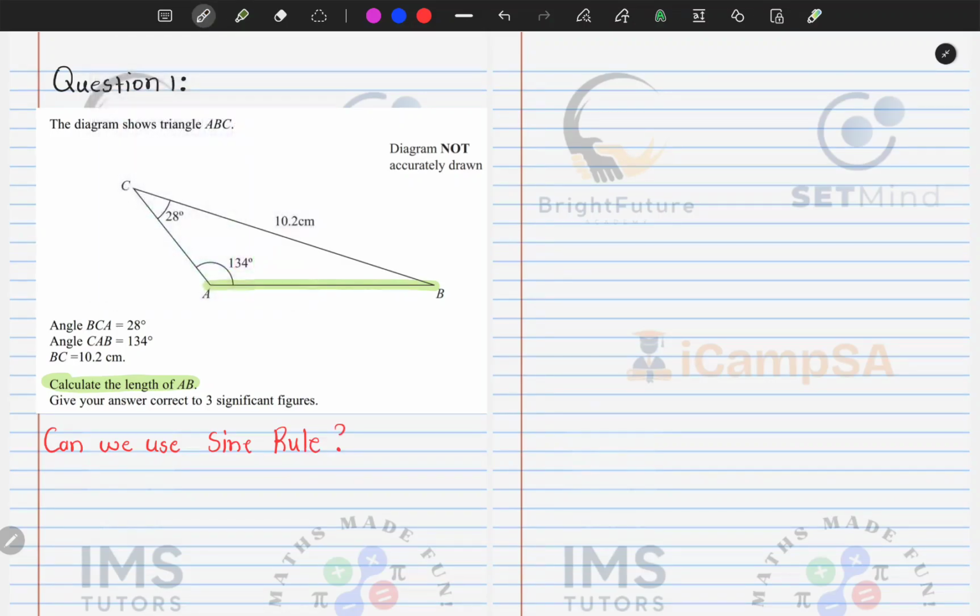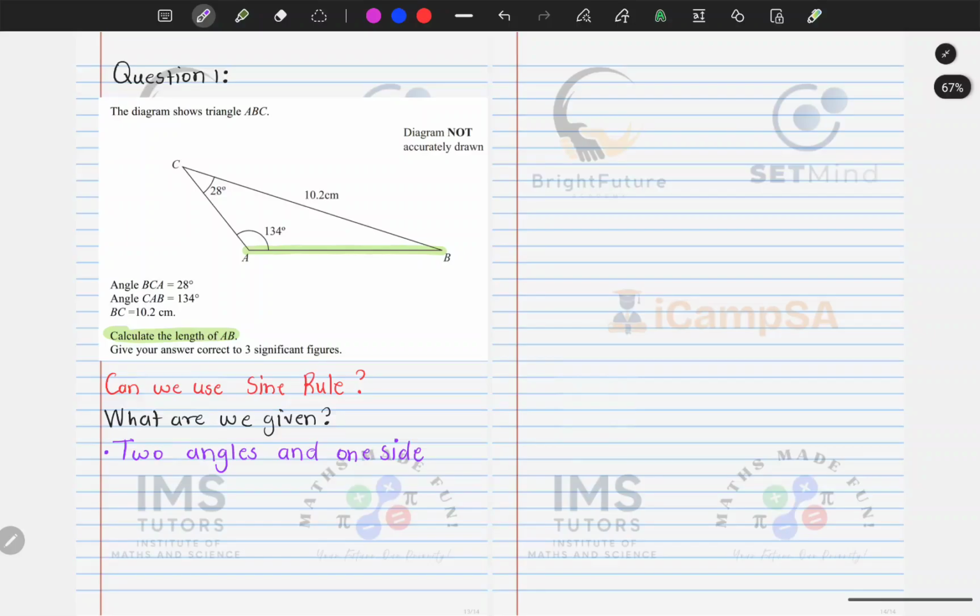The answer to this will be determined by what we are given. If you observe carefully, we are given two angles and one side. Do you remember the requirements we need to meet to use the sine rule?